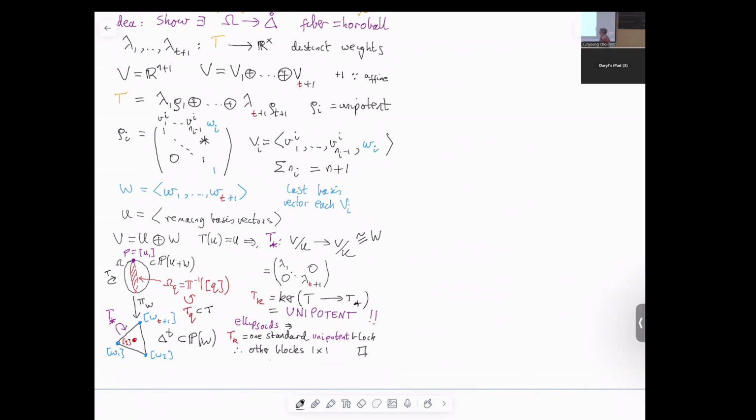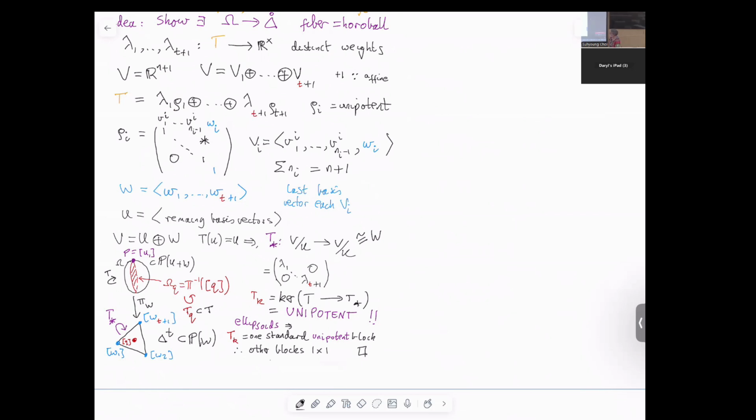So it now follows that the original group was acting simply transitively on the boundary of omega. This subgroup T_K is therefore acting simply transitively on the boundary of this subdomain, which is the boundary of the fiber. And so the result about ellipsoids tells us that the action of this subgroup is standard. So in particular, the action of this group T_K is a single unipotent block.